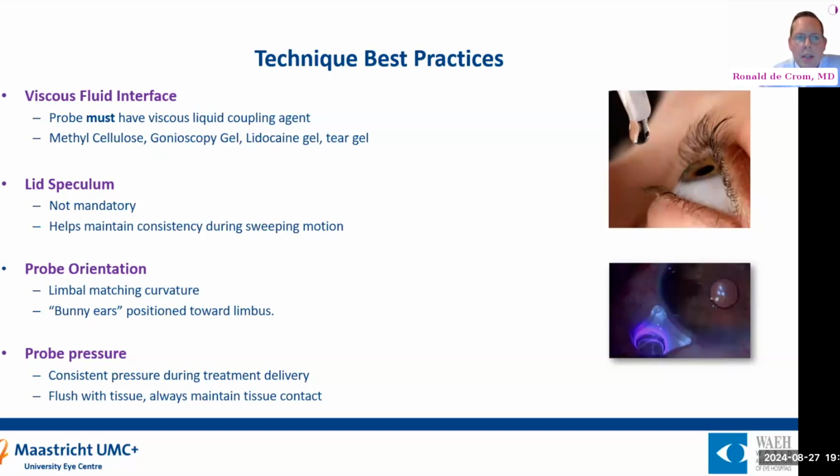The most important thing is the probe orientation and the pressure you put on the probe. So it is necessary to make a good match of the probe with the limbal area. The verniers of the probe have to be pointed toward the limbus. And during the treatment, you have to be sure that there is consistent pressure during the treatment delivery.